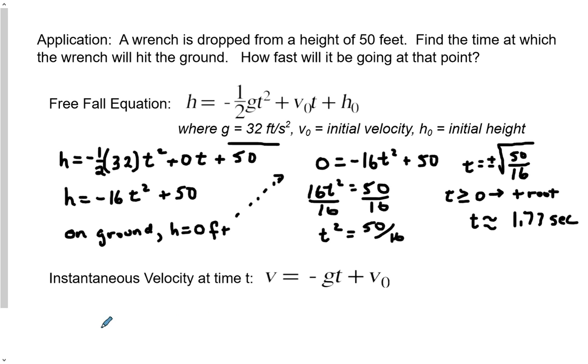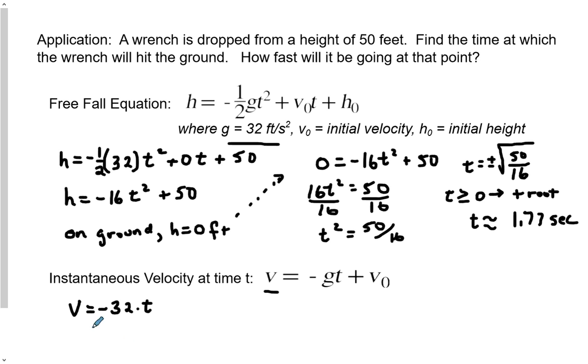If we wanted to move on to ask how fast it will hit the ground, we're going to use an instantaneous velocity equation. We actually developed this equation in calculus, but for our application, let's just worry about what the velocity will be when it hits the ground. And this is going to be a direct substitution again. We're going to use v equal to negative 32 feet per second squared times time plus that initial velocity of 0.